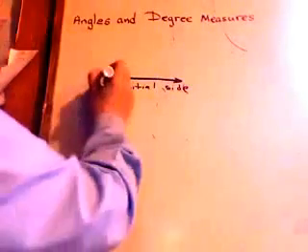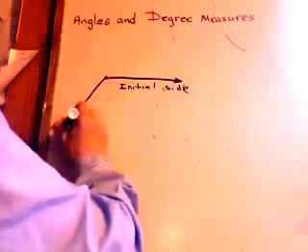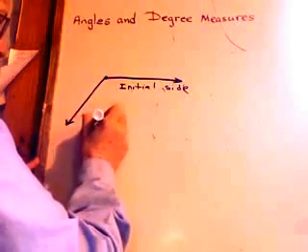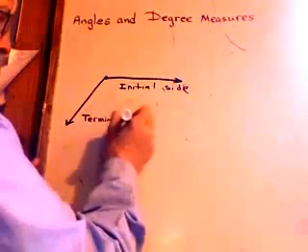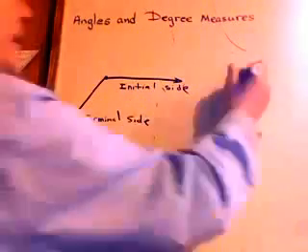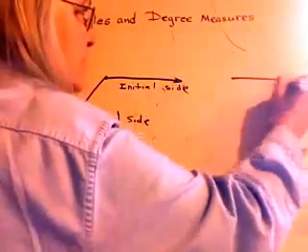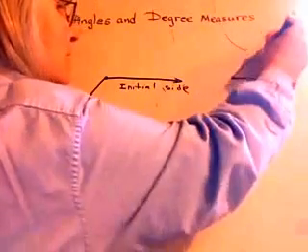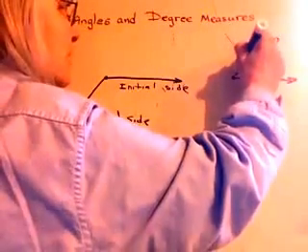And then you might sketch a second ray, and that's called the terminal side. Here's another one. There's a sketch, there's the initial side, and then another side is called the terminal side.